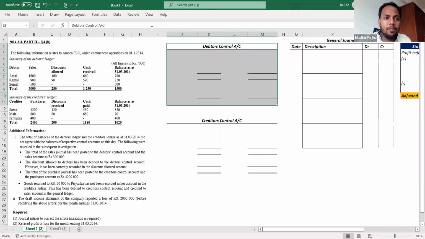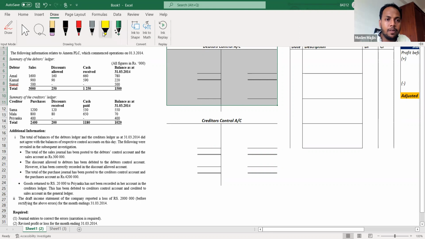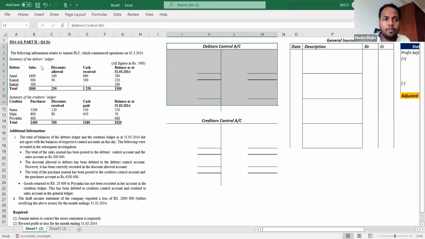All right. So let me start from the beginning. This 2014 paper. The following information relates to Amin PLC, which commenced operation on 1st of March 2014. So this is the balance. This is the debtors account.